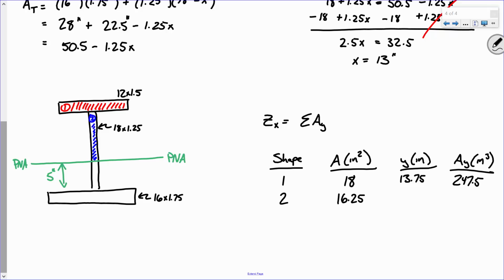If this is 13 right here, then that makes this 6.5. And that comes out to 105, and it's like 0.625. Okay, now shape 3 is all of that. So shape 3 is 5 times 1.25, or 6.25. And that moment arm is going to be 2.5?